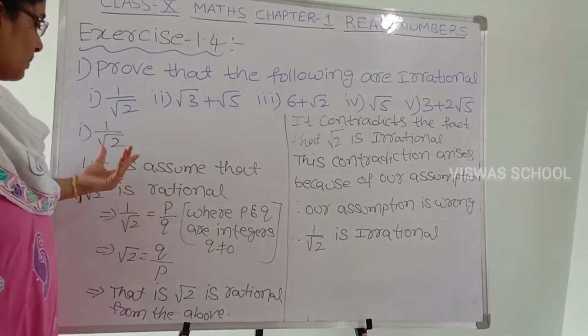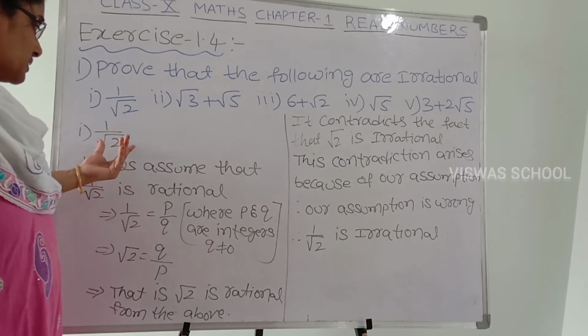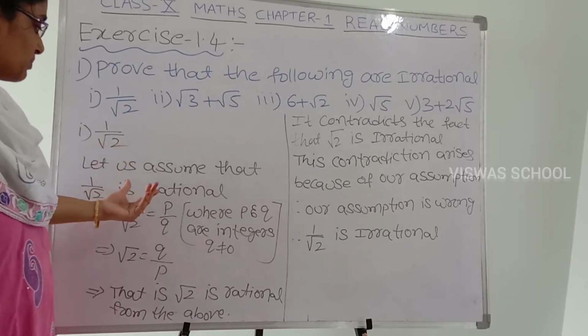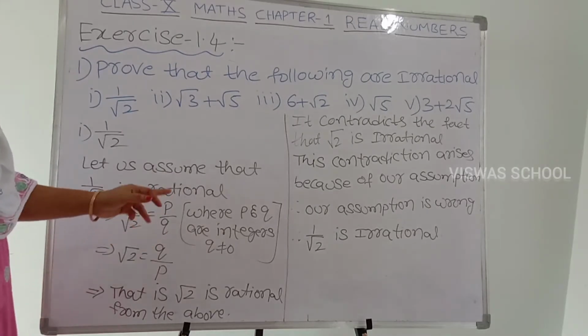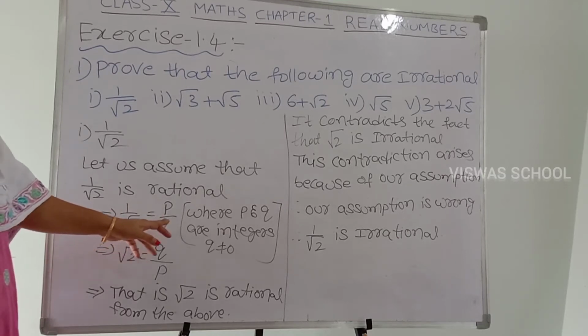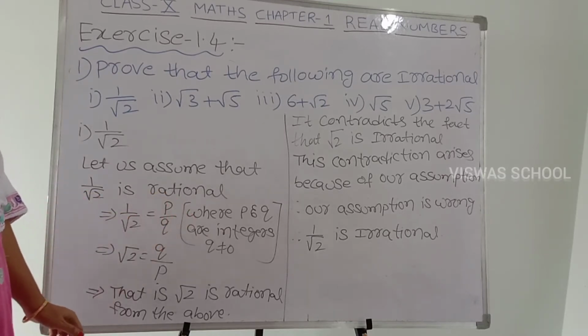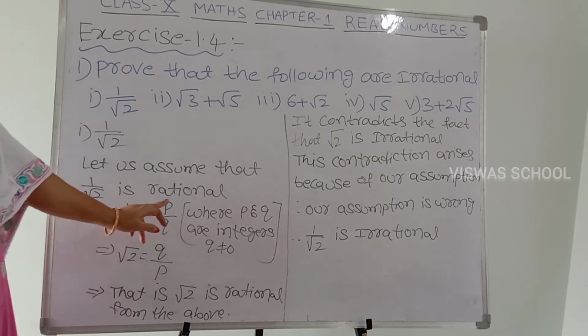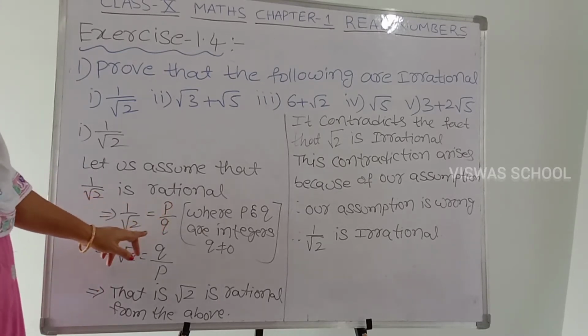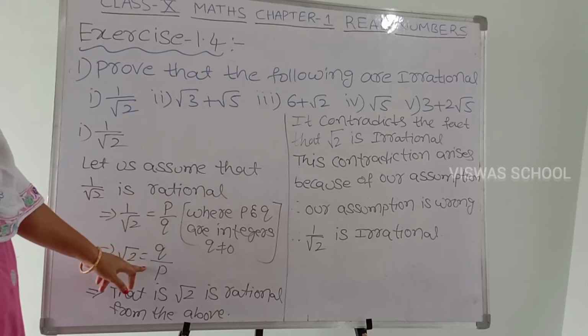Once again, see here. To prove 1 by root 2 is an irrational number, we are assuming 1 by root 2 is rational. If it is in the rational form, 1 by root 2 is of the form P by Q, where P and Q are integers. From 1 by root 2 equals P by Q, root 2 equals Q by P. It is of the rational form.